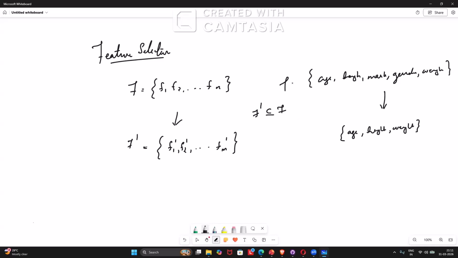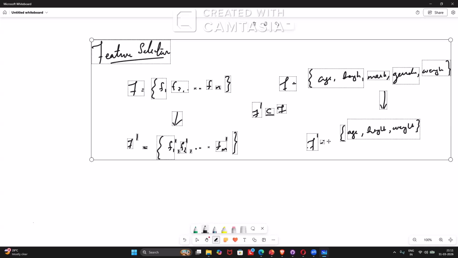So this is F and this is F dash, right? This is what we are calling feature selection. Is it clear? Yes. Everyone? Yes. The next one is a bit confusing.